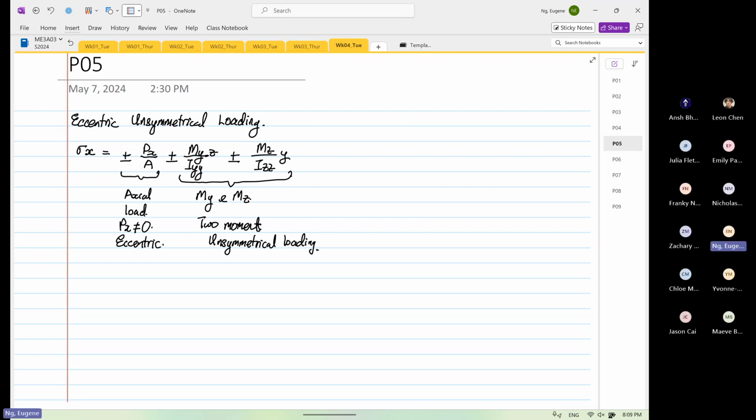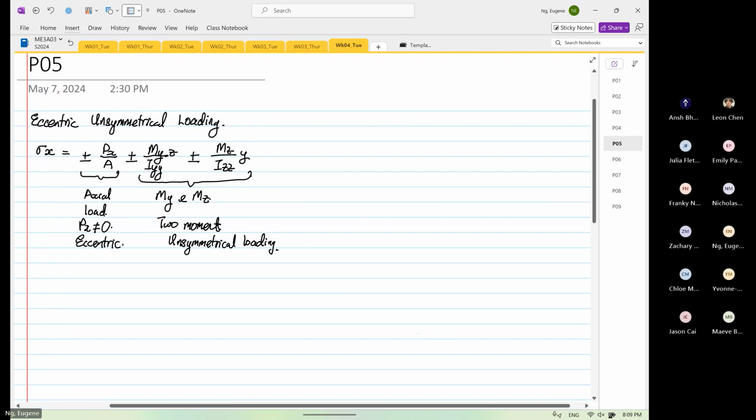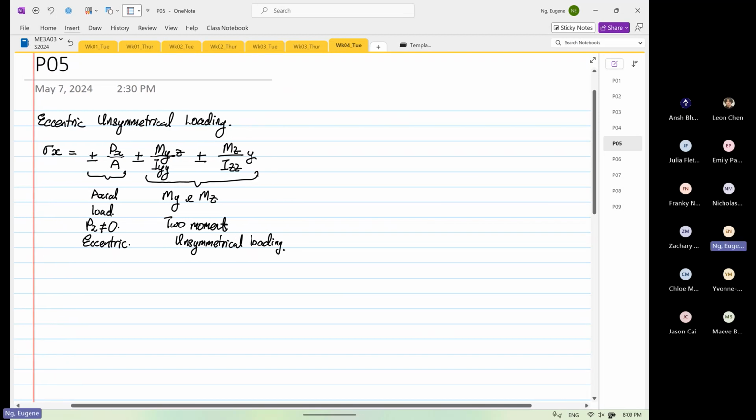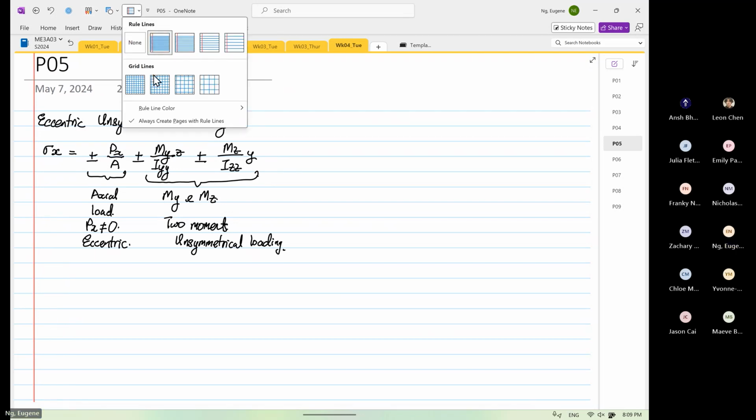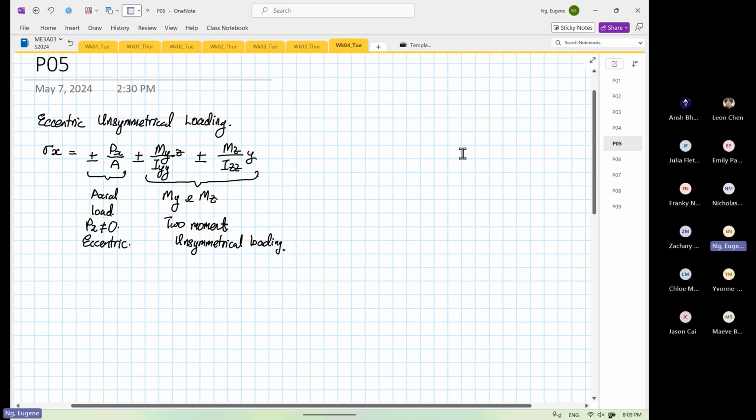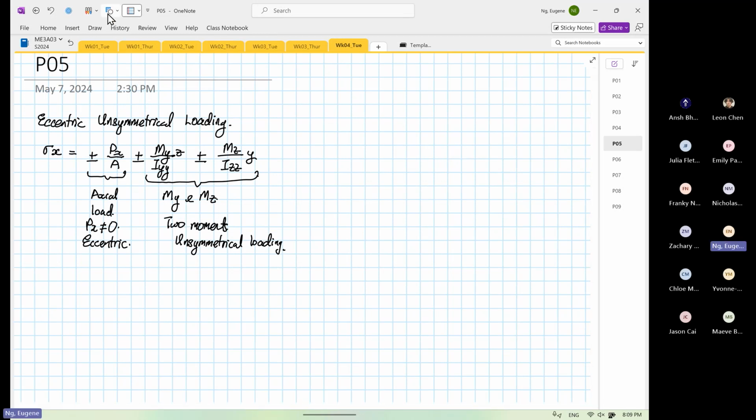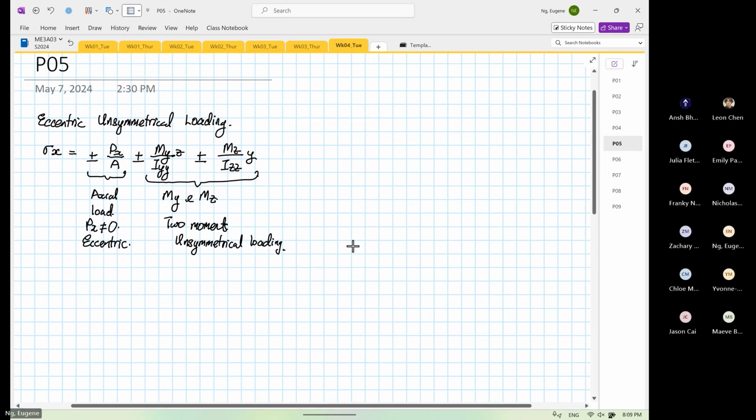Okay. So how does a loading of eccentric unsymmetrical look like? So I'm going to sketch over here. You have to define your axis first.